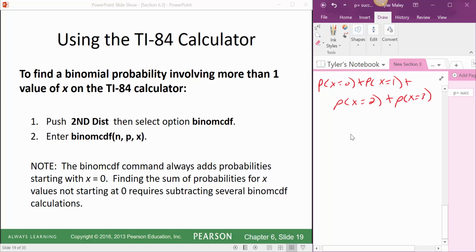So instead of doing all of these separately, in the TI we use this command. It's binomcdf, and then we put in your n value, then p, and then x, right?